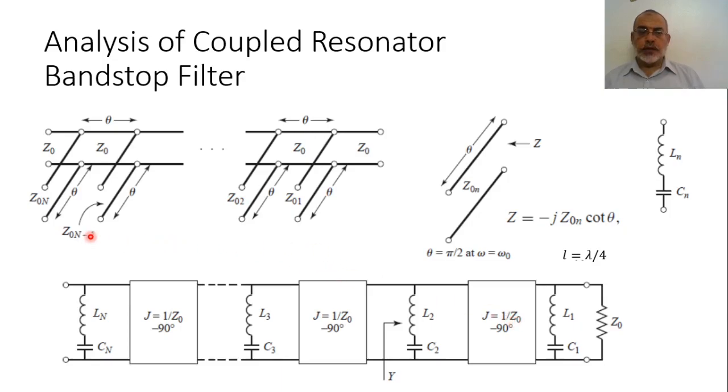So the equivalent circuit would be L1 C1 followed by an inverter, L2 C2 followed by an inverter, and so on. And here we have the load impedance Z naught, and here we have the input impedance or input admittance.